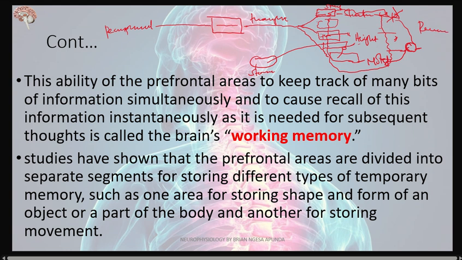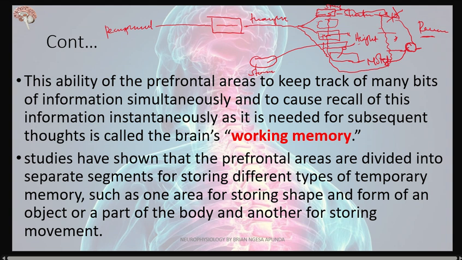And you are able to make a decision. So where are you making your decision from? You are able to make a decision from this information, which is stored in the working memory. One of the most important areas that normally serves that role is the prefrontal cortex.